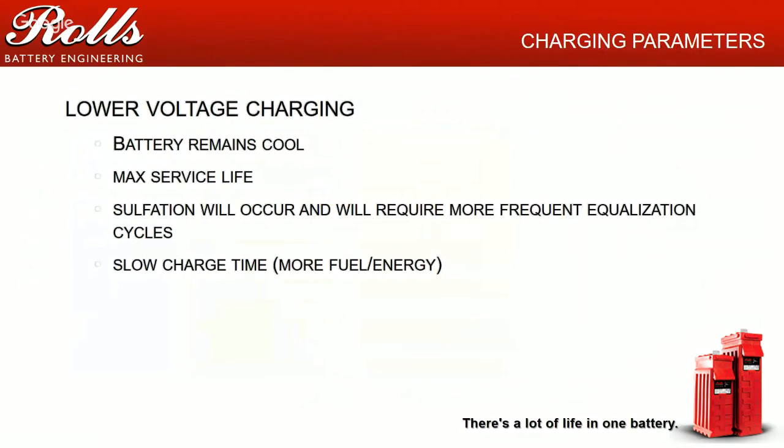Some things to keep in mind: with lower charging voltages and shorter absorption times, the batteries remain cooler and you maximize your service life, but sulfation is going to occur and will require more frequent equalization cycles. Slower charging is going to cost you more fuel, more energy, more solar, more renewables to keep those batteries charged.